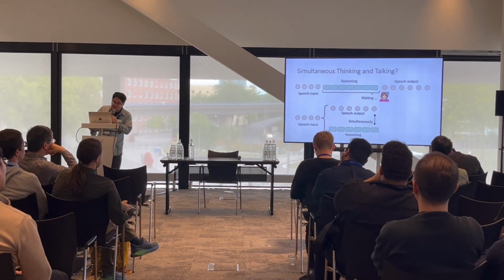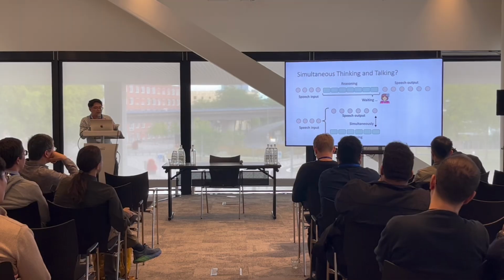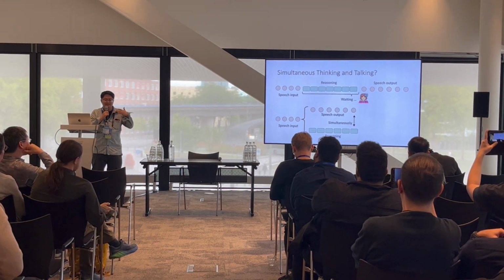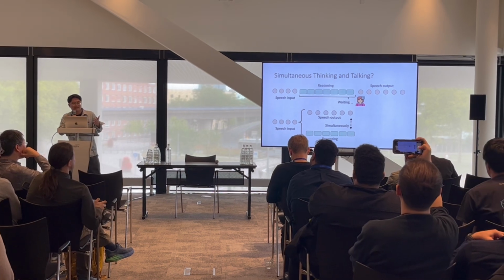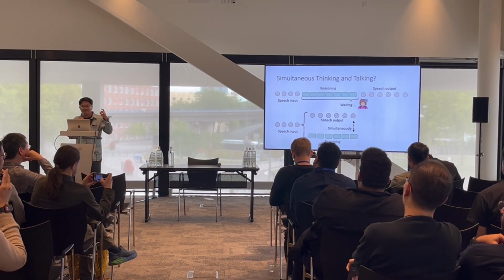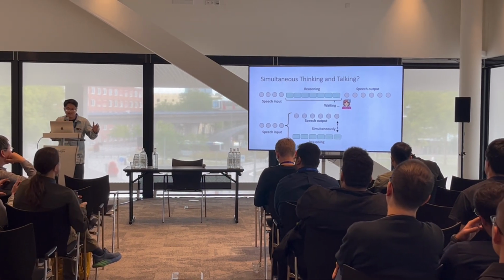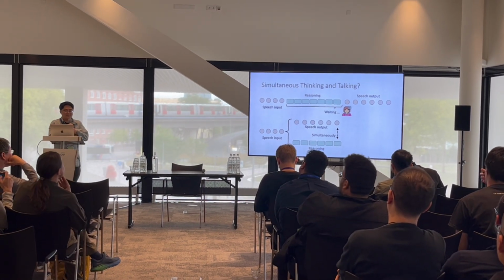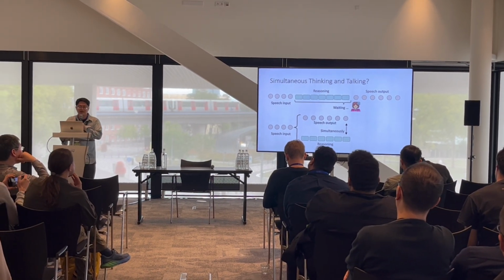So we consider: can the model generate the speech output but also do reasoning behind the scenes at the same time? Can the model generate two sequences simultaneously, so it can benefit from reasoning but not have the delay from the reasoning?